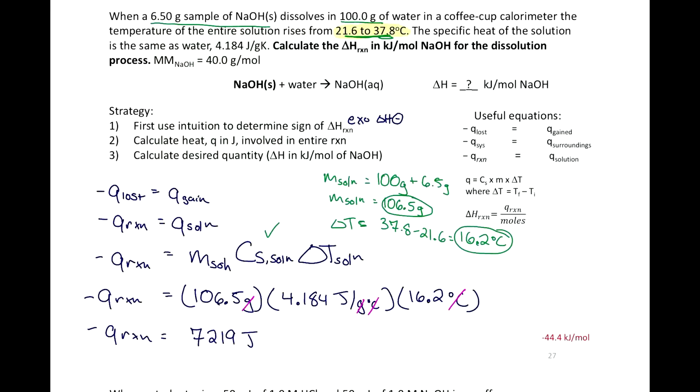So we have to do one more step: the positive Q of the reaction is negative 7,219 joules. All right? So that's not quite our answer yet. What this number means is that the reaction lost 7,000 joules of energy. It was gained by the solution, thus heating it up, all right?